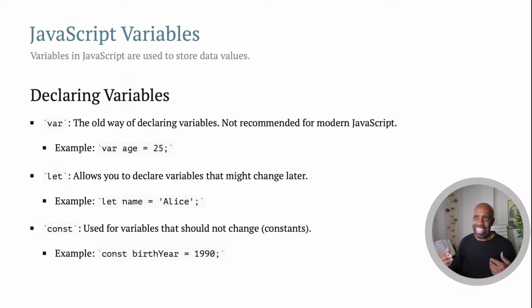There are things that you want to change, but there are things that you don't want to change, and you want to make sure that if you try to change them by accident, it gives you a warning. That's very, very important. For example, in design, maybe you have a base color that changes between clients, but you don't want it to change within the client.